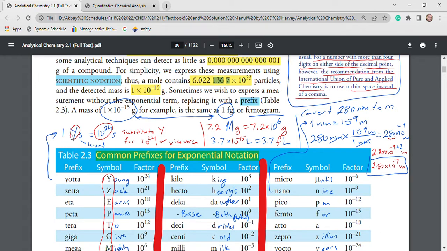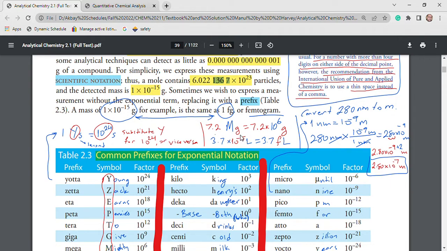For example, one yottasecond is 10 to the 24th second. So instead of 10 to the 24th, we can put capital Y, or instead of capital Y, we can put 10 to the 24th.